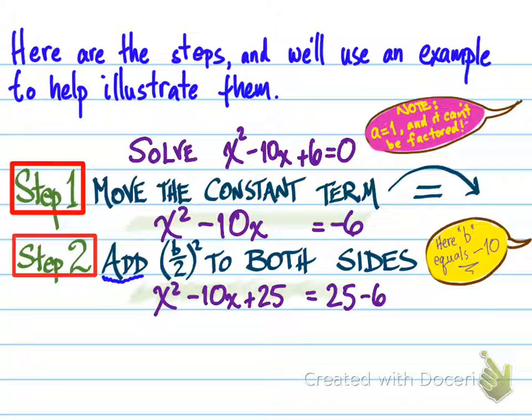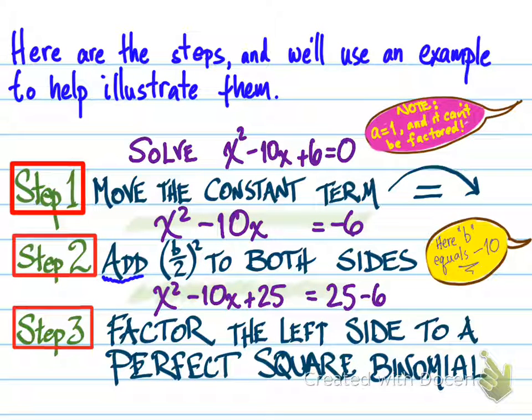Now, that number allows us to factor the left side as a perfect square binomial. And that's the third step of this process: factoring the left side of the equation into a perfect square binomial. That means we've got x minus 5 squared on the left equals, well, 25 minus 6 is 19, so it equals 19. Now we have done it.